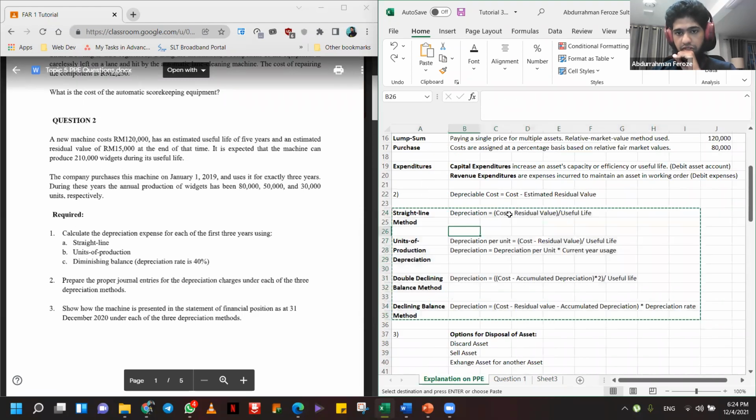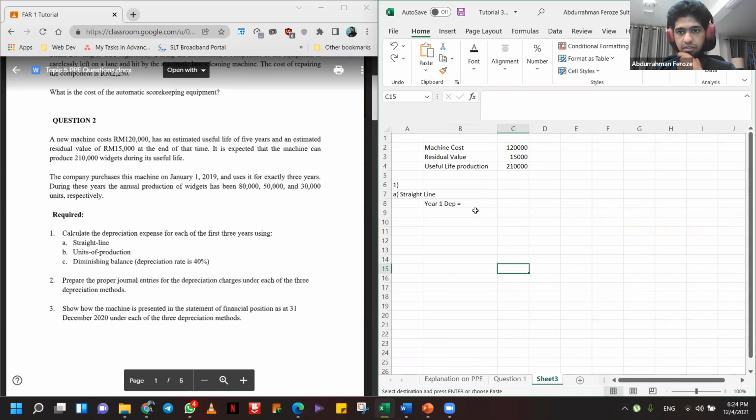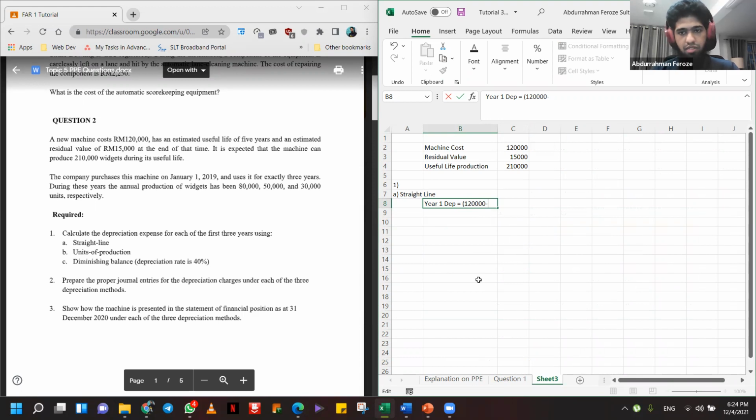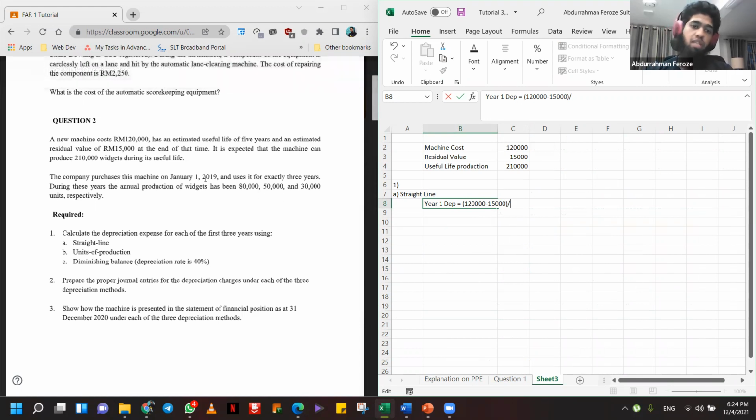So this is the formula. Depreciation equals cost minus residual value, divided by useful life. So what's the cost? 120,000. Okay, 120,000 minus residual value, which is 15,000, divided by, here the useful life is 3 years. It says here, the company purchased this machine on January 1st and used it for exactly 3 years.